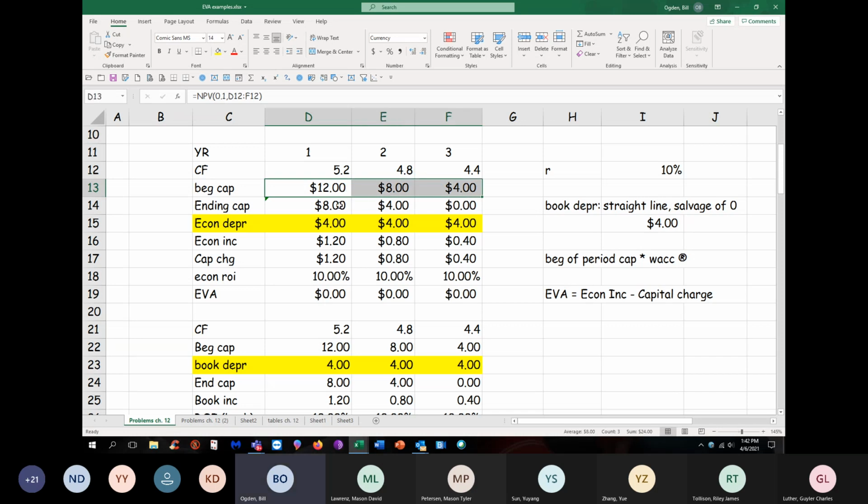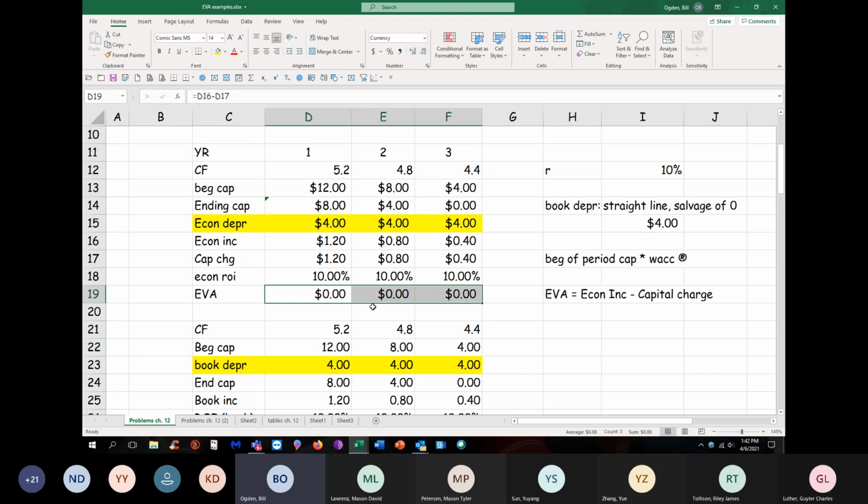We're going to have economic income, and then we'll have the capital charge, and then we will have an economic profit.